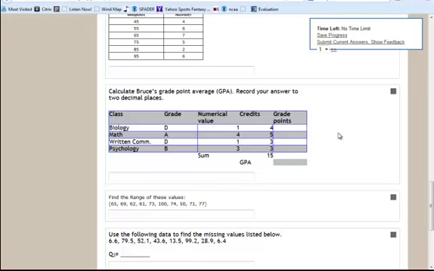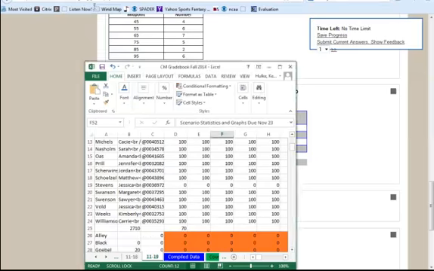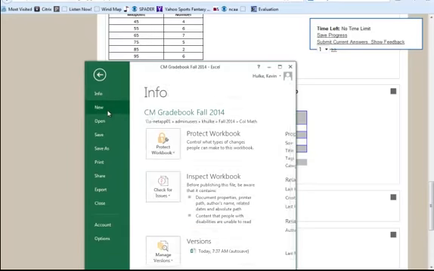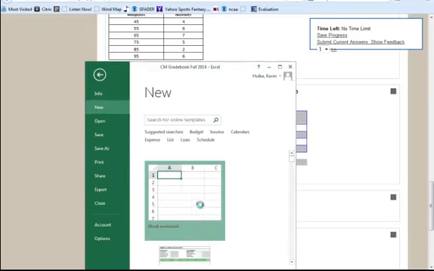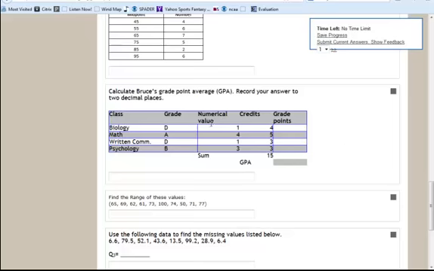Calculate the grade point average. You could do the same thing. Ooh, I should have saved that spreadsheet. Let's do it again. Okay, so we're going to take the numerical values and multiply them together.